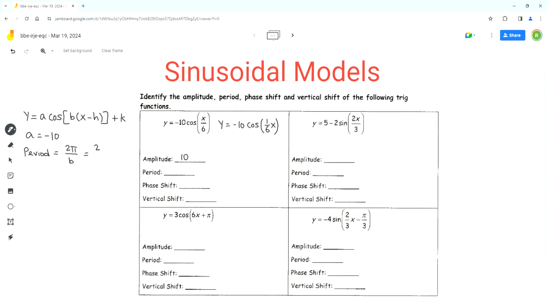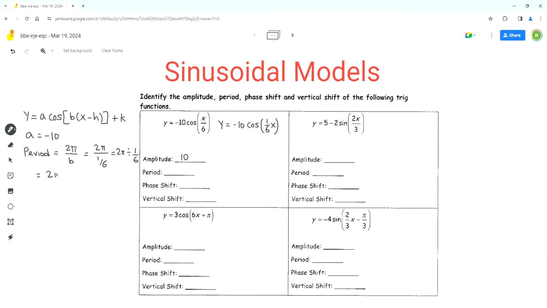So we can sub in the value of b as 1 over 6 to find the period. Now in order to simplify this expression, we can change it into a division statement. So we get 2 pi divided by 1 over 6. And now we can change it into a multiplication statement.